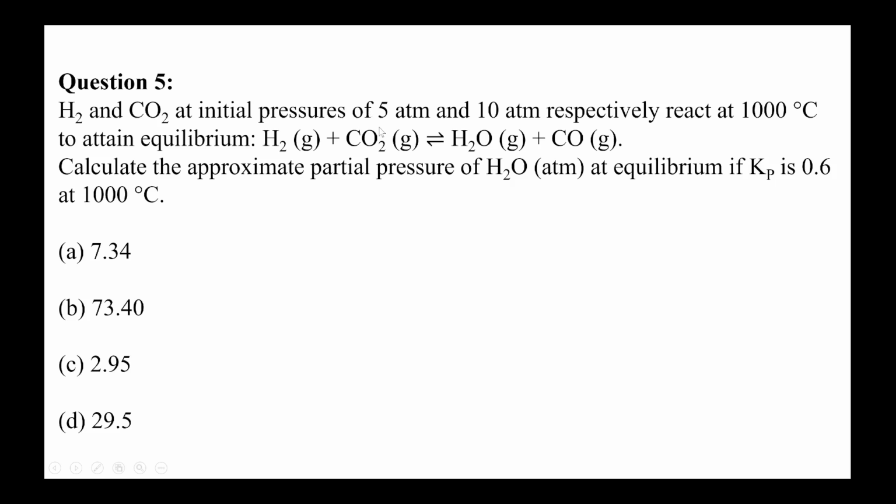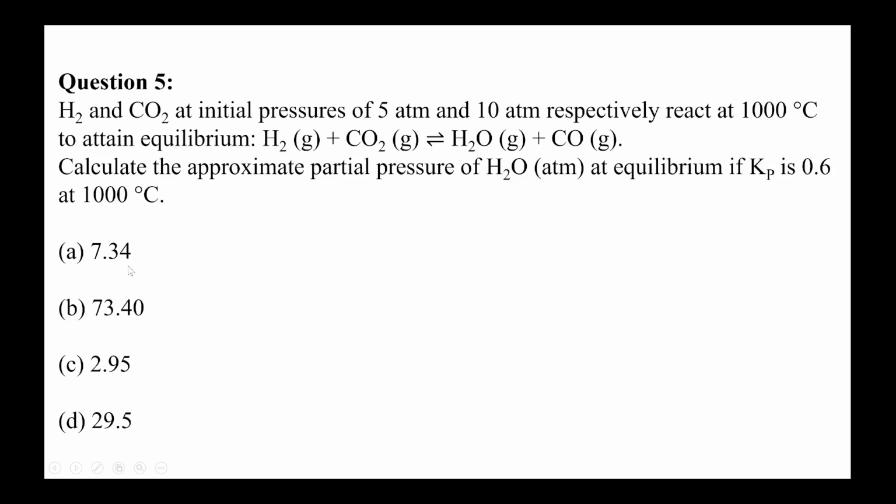The initial partial pressures of H2 and CO2 are given as 5 atmosphere and 10 atmosphere respectively. We have to calculate the partial pressure of water at equilibrium, and the equilibrium constant is given.